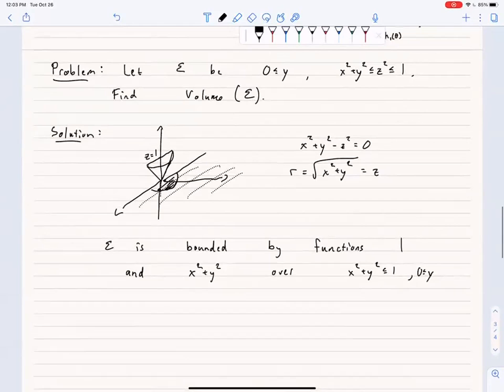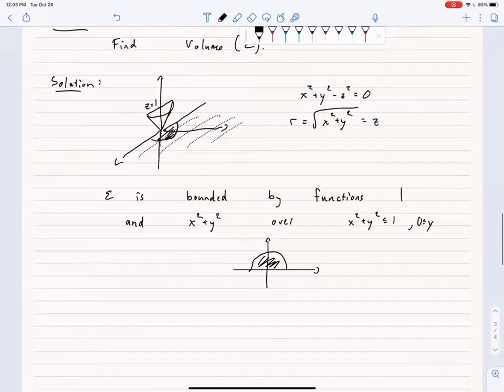So this is half of the unit circle. If I draw the xy plane, I get this half disk. So if I want the volume of E, well, I could take the volume under the constant function 1 and subtract the volume under the function x squared plus y squared.